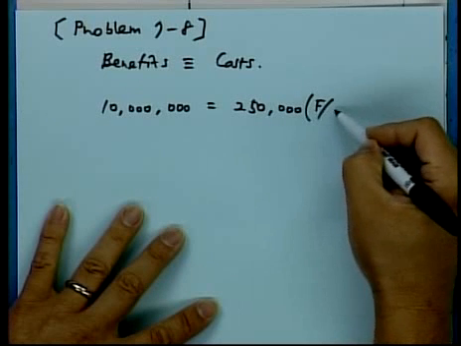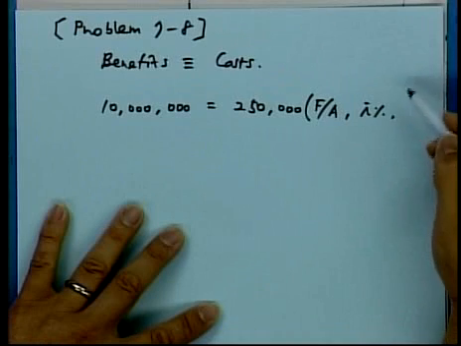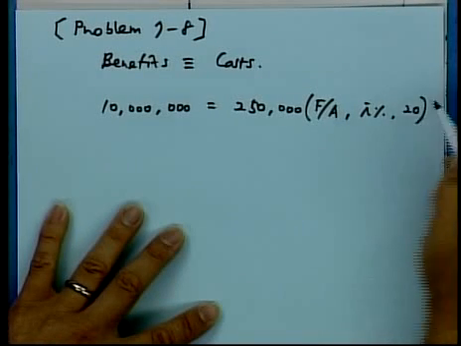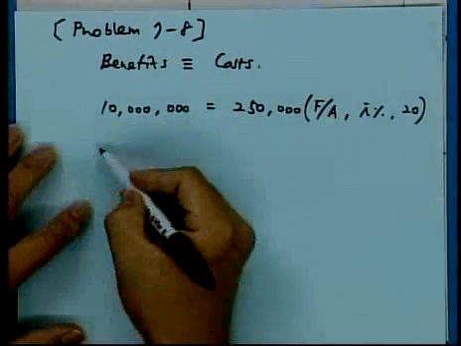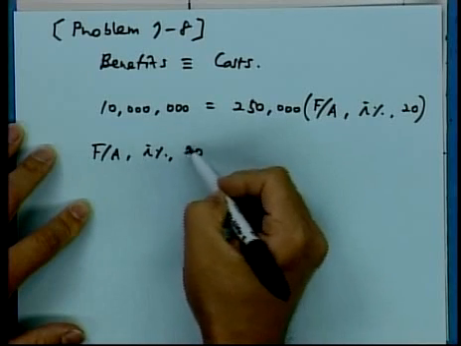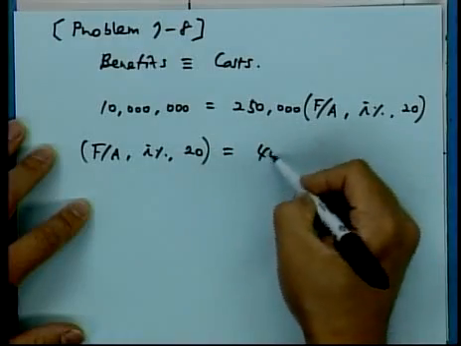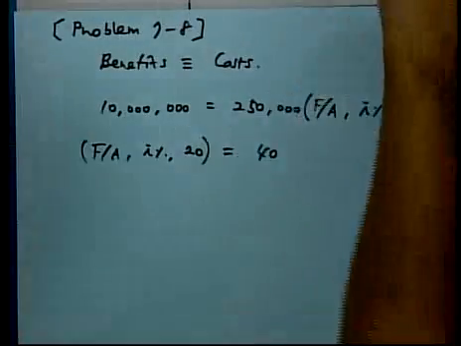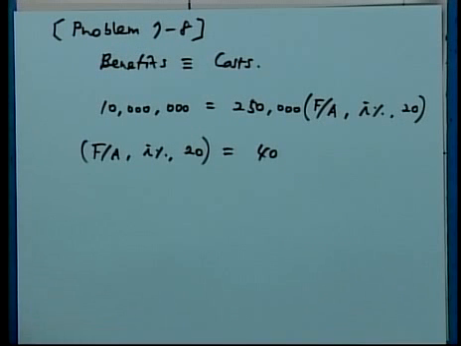So you need to multiply by F given A, i% over 20 years, right? So here, F given A, i% over 20 years is equal to 40. Okay? So we need to look for the table value of this, F given A, 20 periods.